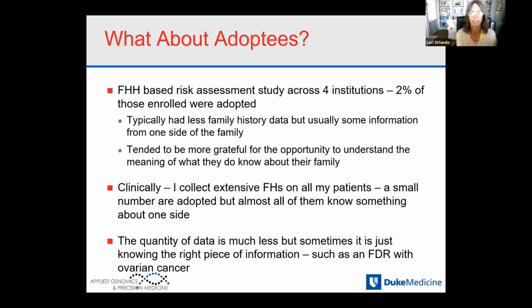So you don't always need to know everything about everybody, but obviously the closer the relative, the more important the information. And as well as if someone died early, that's also incredibly important to know. So the quantity of data is less, but sometimes it's just knowing the right piece of information. Next slide.